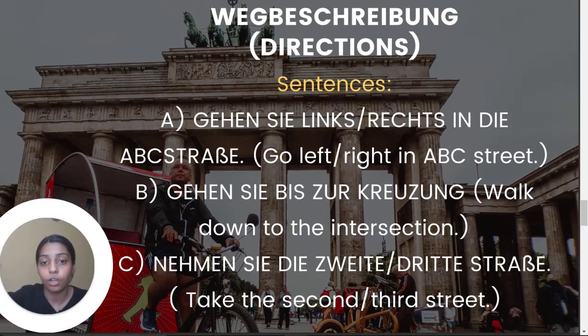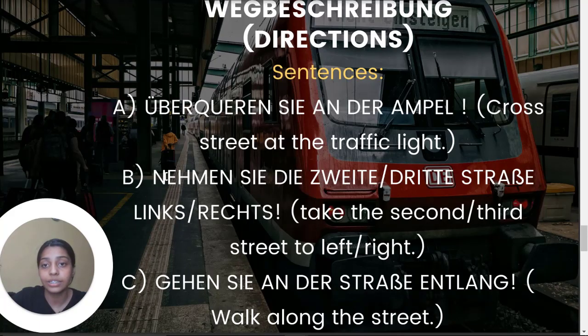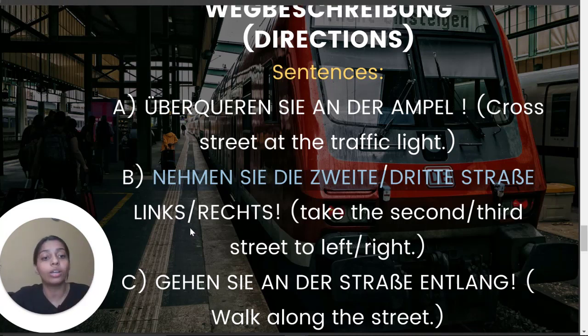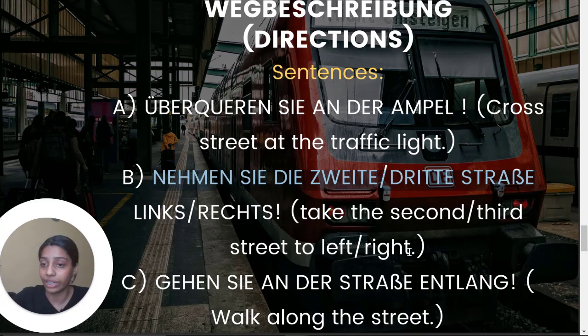So something like this, a combination. All we do here is we write the sentence as it is till Straße and add links or rechts to it. It depends upon us which number we want and which direction we want. So we said take the second or the third street to the left or right.